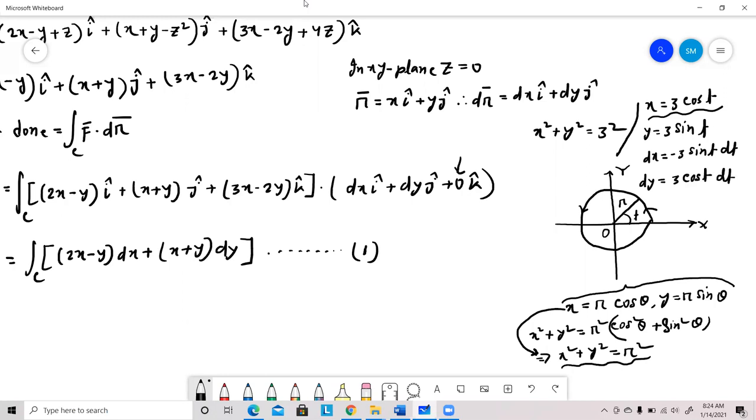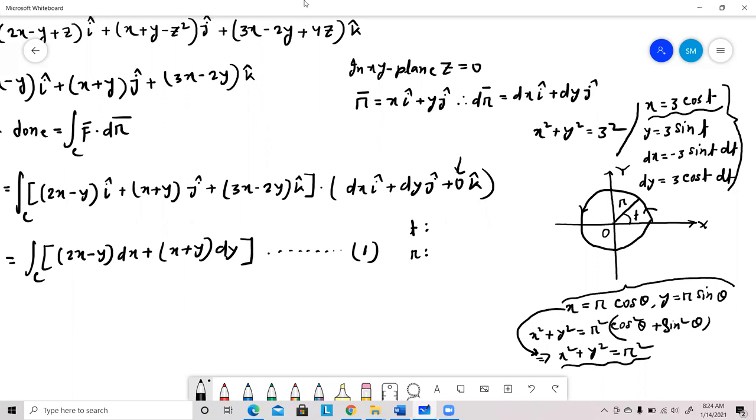Good. Now if we put these four pieces of information in equation 1, where t varies, what will be the range of t and r? Theta, sir, 0 to pi.